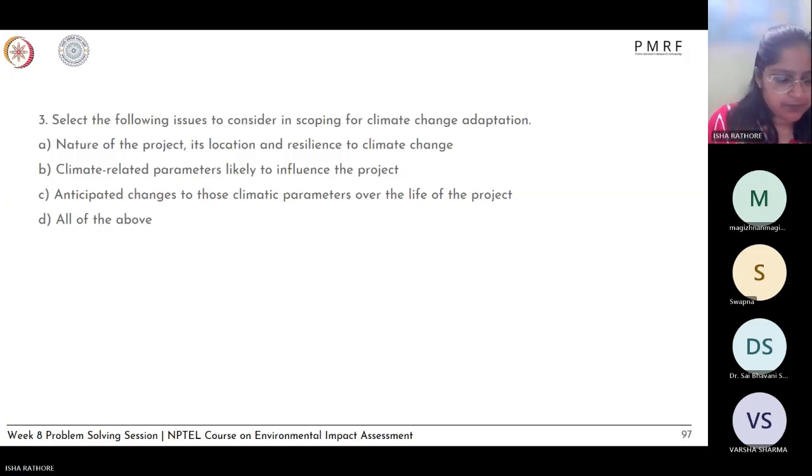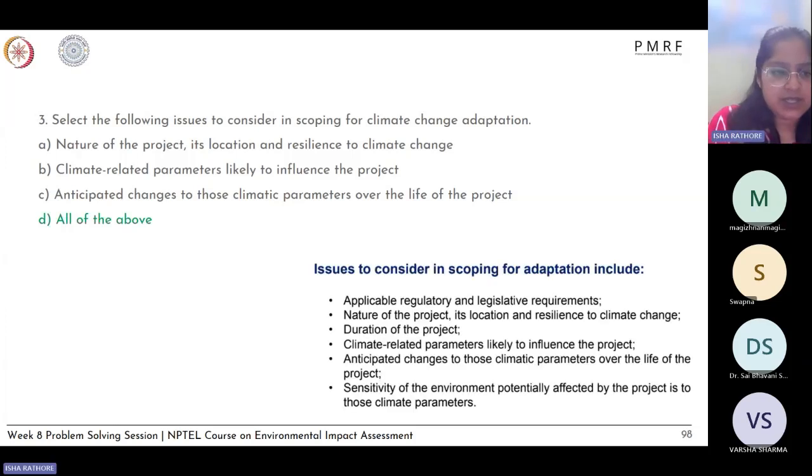Okay, so the correct answer is D, that is all of the above. So all of these are the issues which we consider in scoping for climate change adaptation.